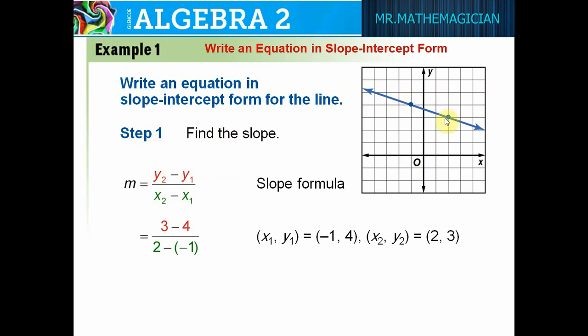Taking these 2 points, x1, y1 is negative 1 and 4. x2, y2 is 2 and 3. So you have 2 points now. Now 3 minus 4 over 2 minus negative 1. This will be negative 1 over 3. So you have the slope now.